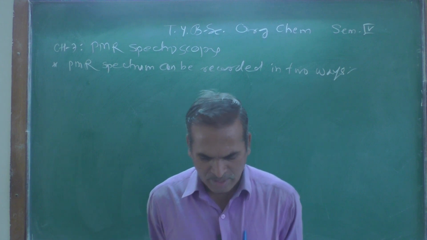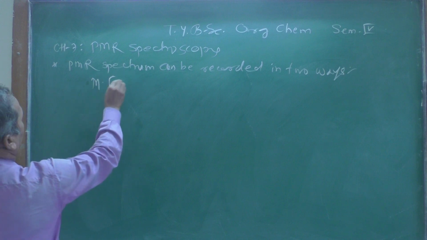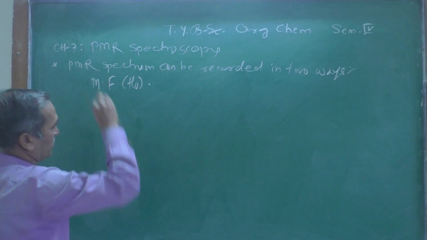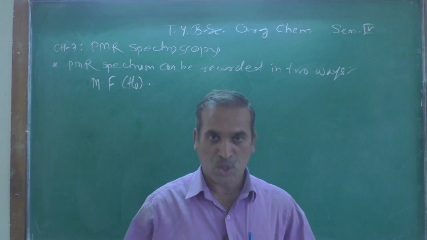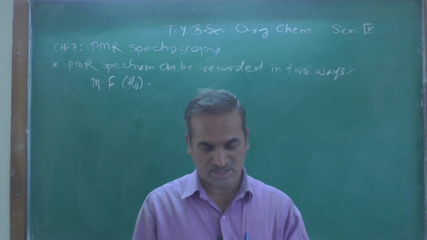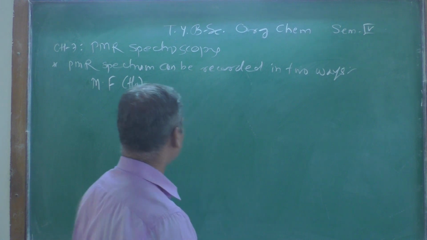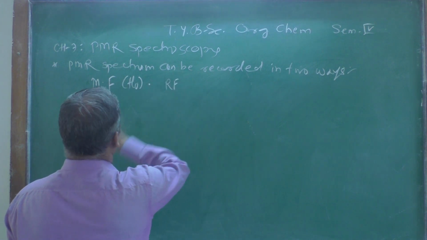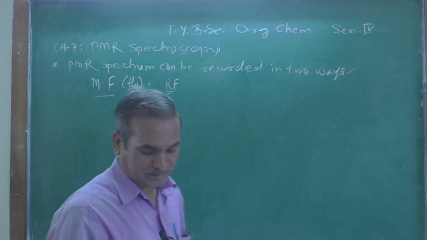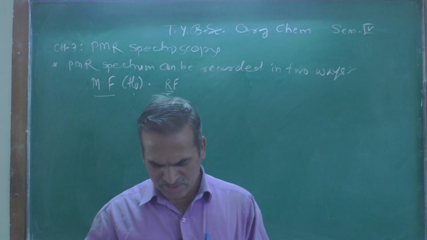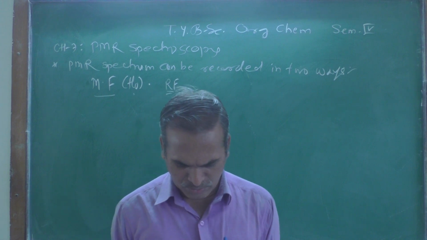Number one: the magnetic field, which is represented by H0, is kept constant, but the radio frequency is changed from lower to higher value.